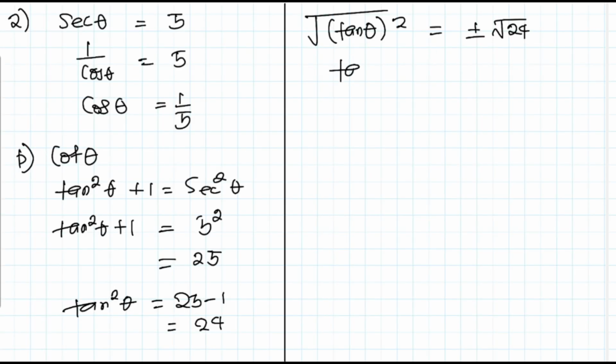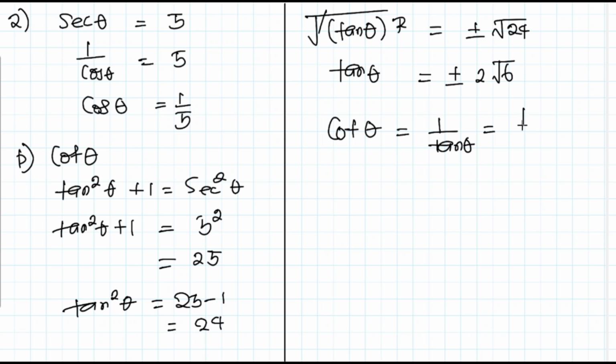So tan theta equals plus or minus the square root of 4 times 6, which is 2 root 6. And then cot theta equals 1 over tan theta, that is plus or minus 1 over 2 root 6.